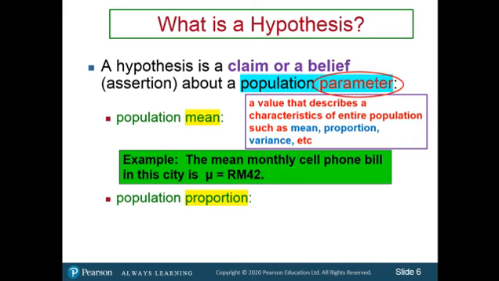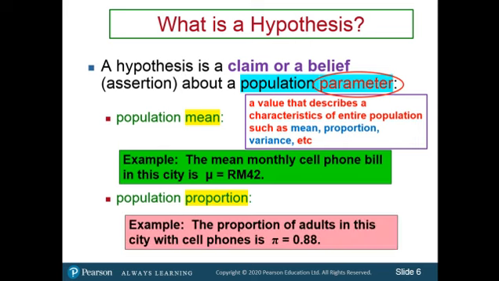For the population proportion, we have another example. The proportion of adults in the city with cell phones is equal to 0.88. We use the symbol pi to represent the population proportion.